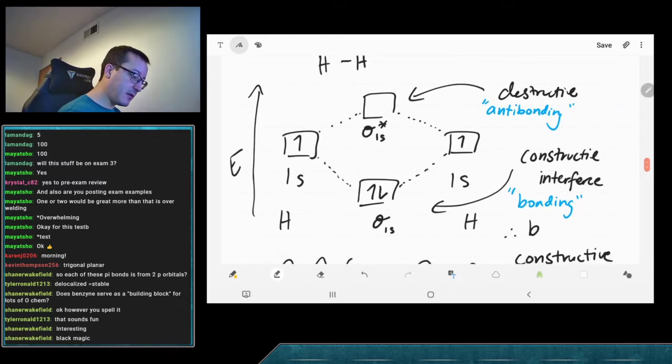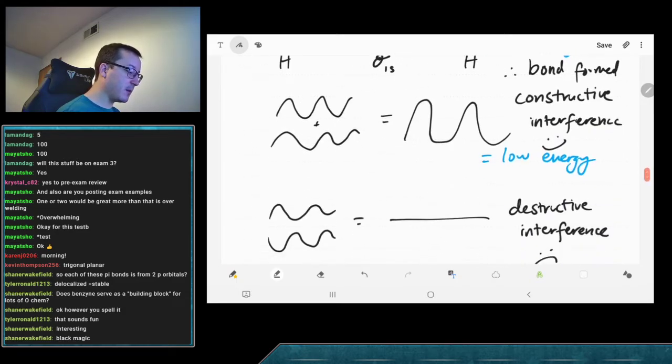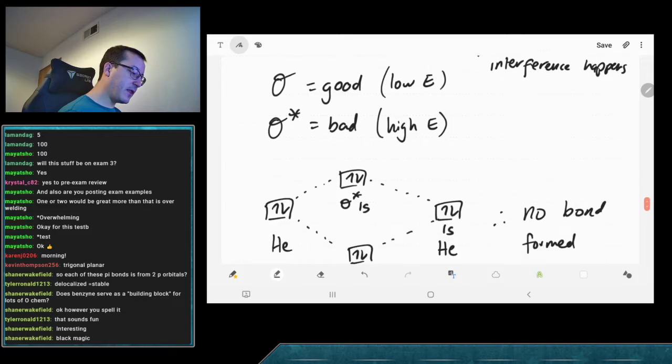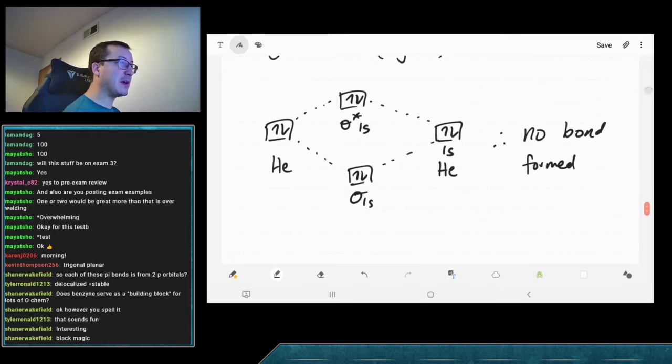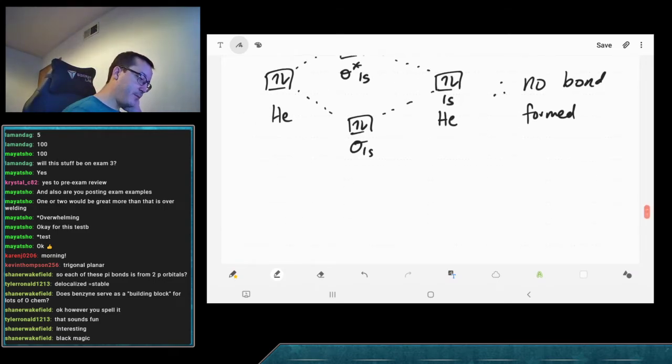This is going to result in a bond being formed that is shared between them. With this one, because we have electrons in anti-bonding orbitals, that's extremely unfavorable. We don't like that. So there's not going to be a bond forming between 2 heliums. Not going to work.